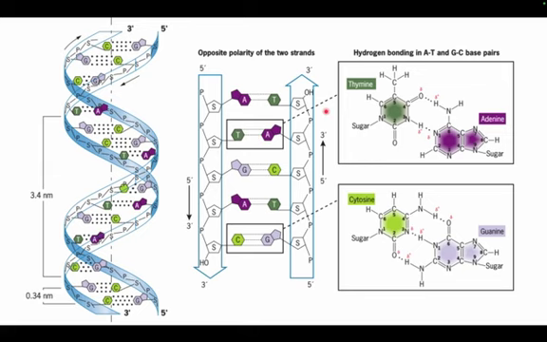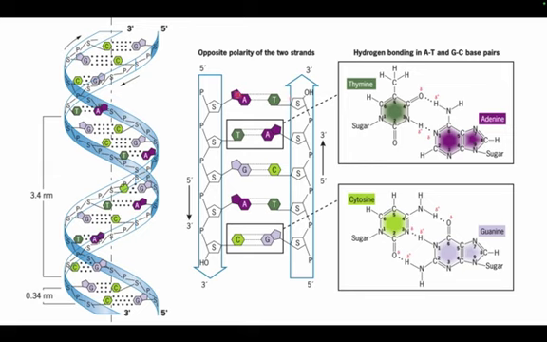But the most important feature of DNA is that the nitrogen bases can only bond with one other partner. We can only form hydrogen bonds between thymine and adenine, and cytosine and guanine.